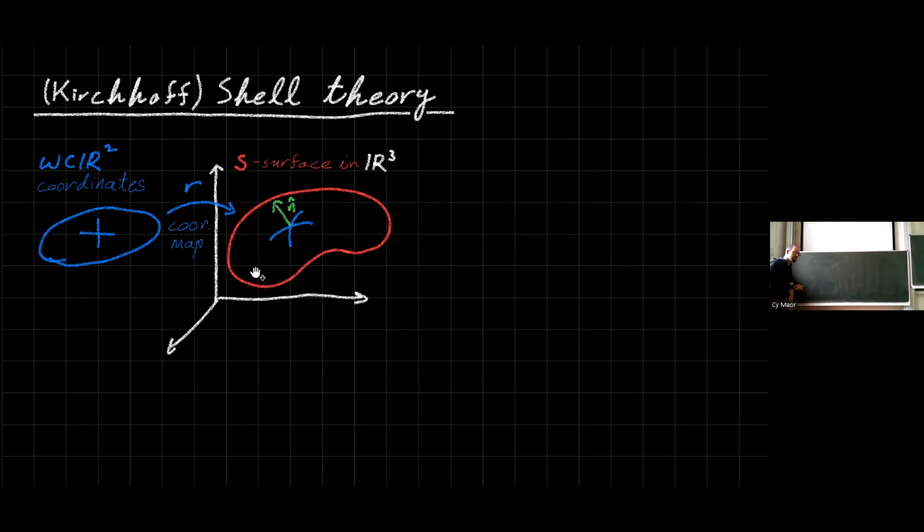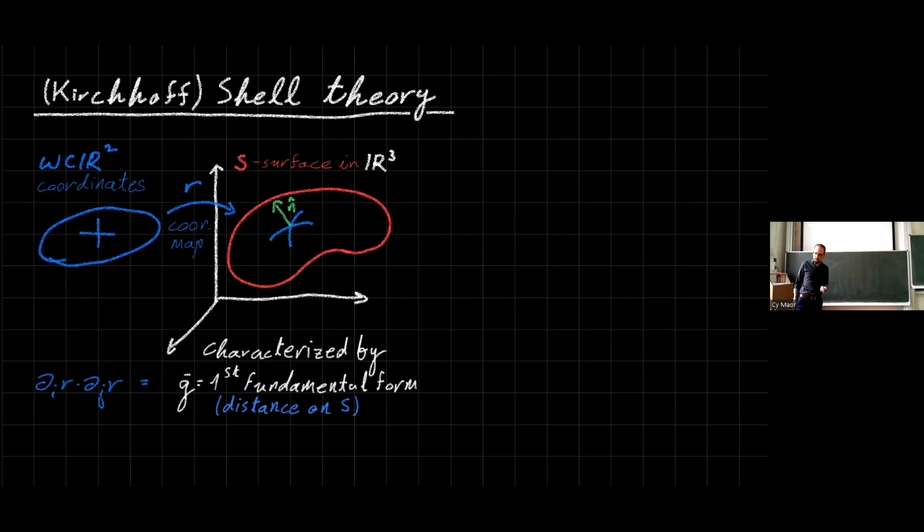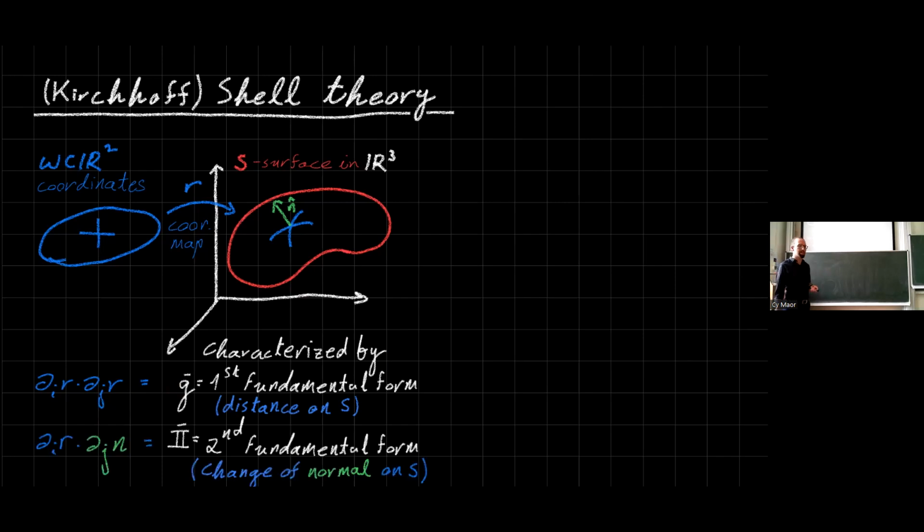This surface is characterized by two things. First, the first fundamental form, the intrinsic metric, which is just g_ij, the derivative of r with respect to i times the derivative of r with respect to j, which measures distances on S. And then the second fundamental form, which measures how much the normal changes along S.